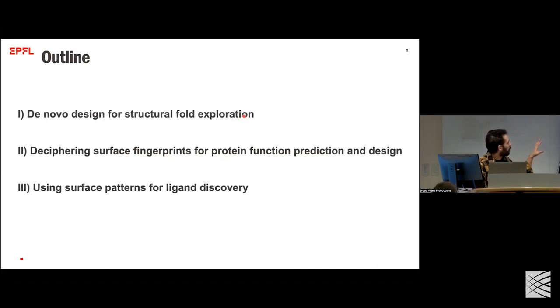In the two other topics, I'll tell you about our work on representing protein molecules or protein structures, if you will, using surface-type representations, and how we've been exploring that concept both for the prediction of function of these proteins in a broad sense, but also for their design. And then in the last part, I'll show you some brief results on how we've been using this to start exploring the space of new chemical molecules or new ligands.